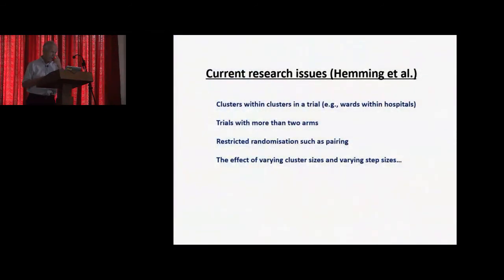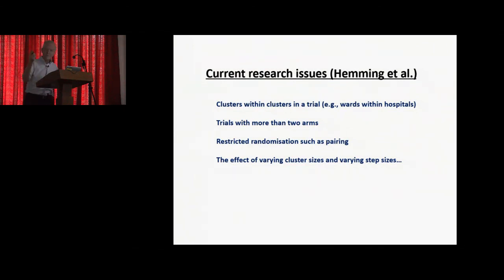And this is actually an area of ongoing research. So how do we properly design studies that have clusters within clusters? So that could be wards within hospitals, but we saw the other example of hospitals within geographic areas, so there'd be clusters within clusters. What happens if we have trials with more than 2 arms? Well, we know what to do, for example, in dose-finding studies, in pharmacologic trials, normal trials.